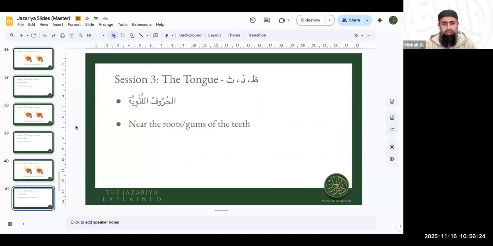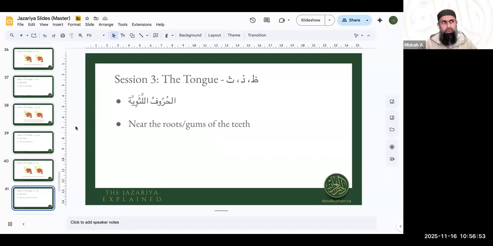These letters together are called al-huruf al-lithawiyya. You notice that they group them and describe it with what's kind of before them. The roots are actually above them, right? Because we're down, the tip with the tip, but litha is higher up.